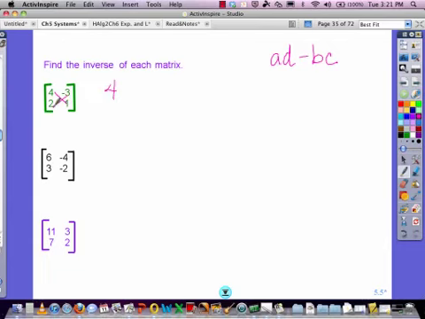Negative 3 times 2 is negative 6. The subtraction of those two products, 4 subtracted negative 6 adds up to 10. 10 is not 0, so we know an inverse exists, and we should be able to write it.